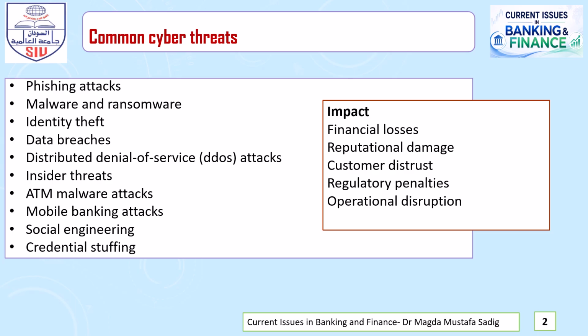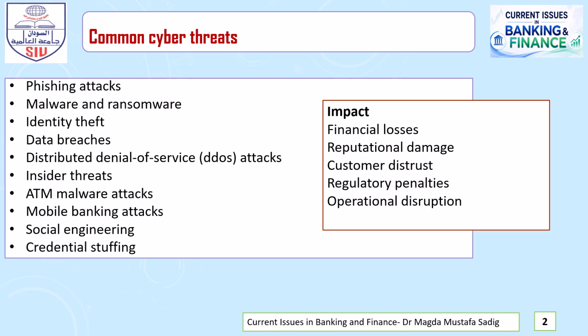Fourth, data breaches. A data breach occurs when confidential banking information is accessed without authorization. Examples include customer records, loan information, credit histories, and transaction records. Data breaches often lead to legal penalties and loss of customer confidence.